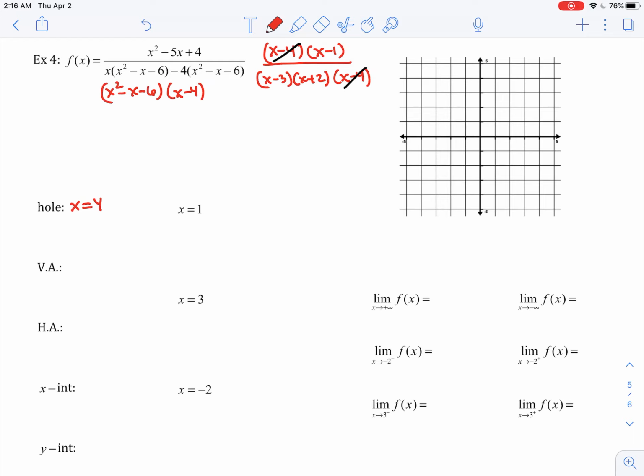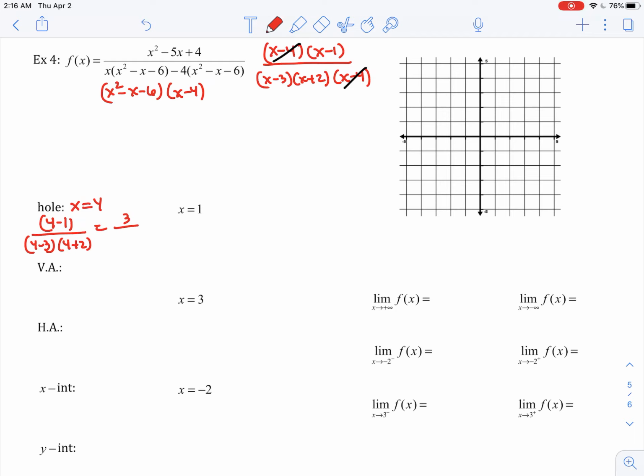And recall when there were holes in our graph, those common factors that we were able to eliminate, we would just take that value and plug it back into the simplified equation to figure out the corresponding y value. So if I take 4 and plug it into the simplified equation, I would have 4 minus 1 over 4 minus 3 and 4 plus 2.